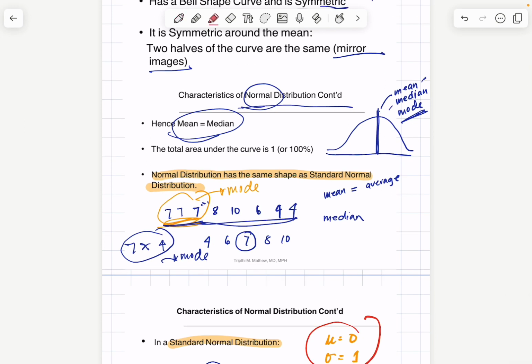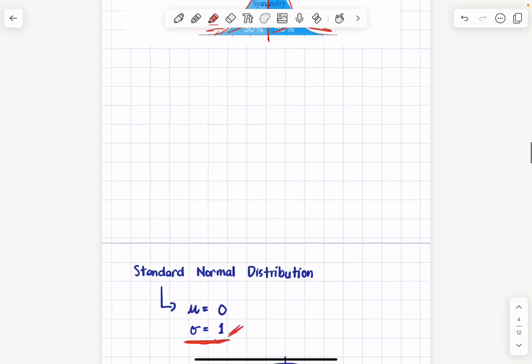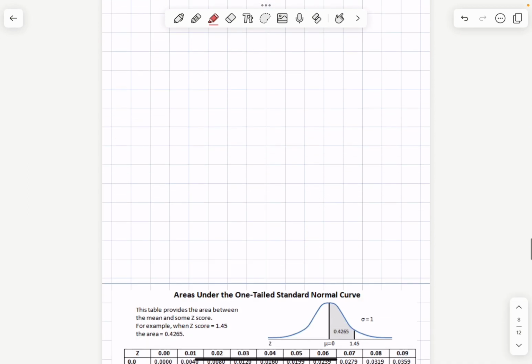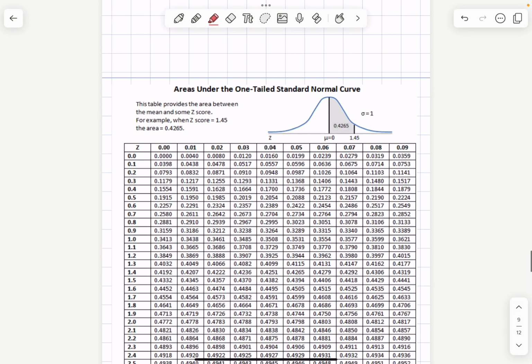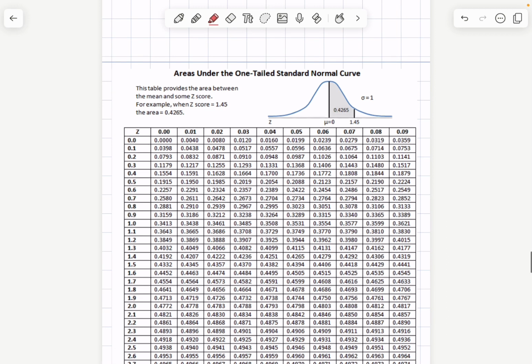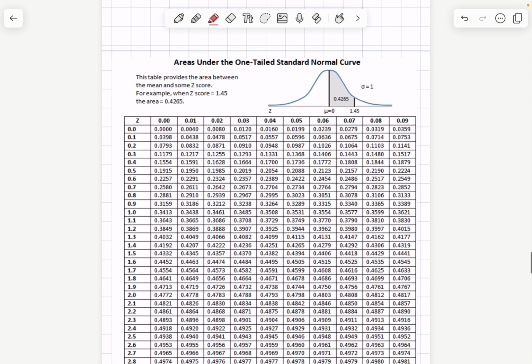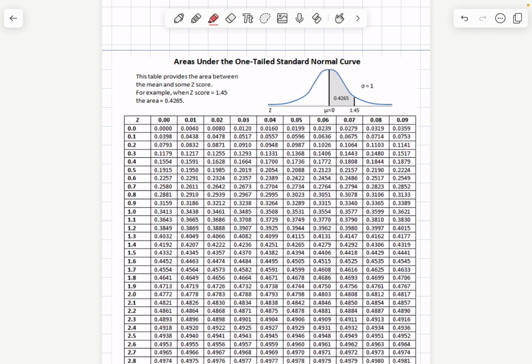So, the area under the normal curve is 1 or 100%. But in here, gamito nato diri ang kaning table sa areas under the one-tailed standard normal curve. So, mao ni siya ang atoang gamiton.